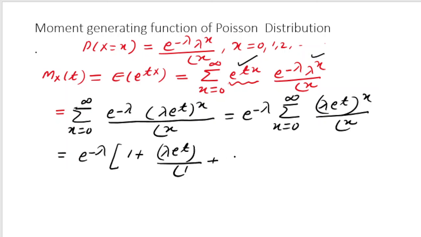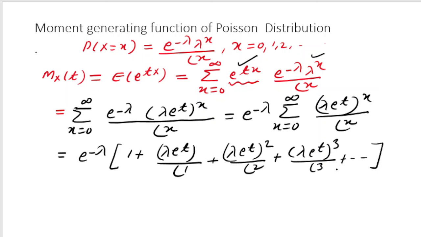If I take 2, I will get (lambda e to the power t) whole square by factorial 2. If I take 3, I will get (lambda e to the power t) to the power 3 by factorial 3. And I hope now you are smart enough to understand that this is nothing but the expansion of e to the power lambda e to the power t.